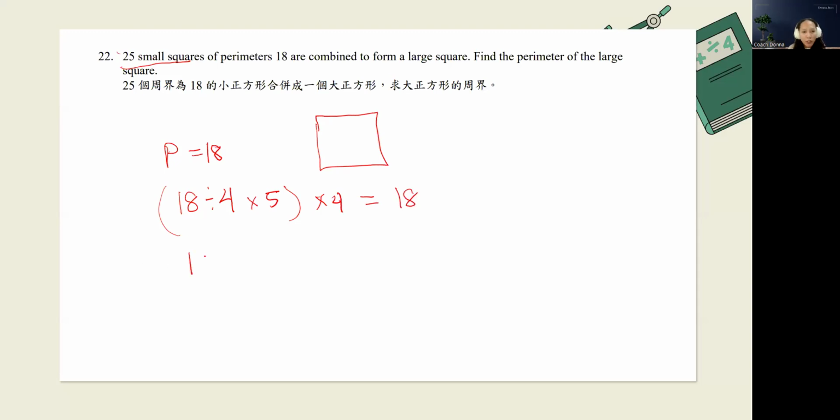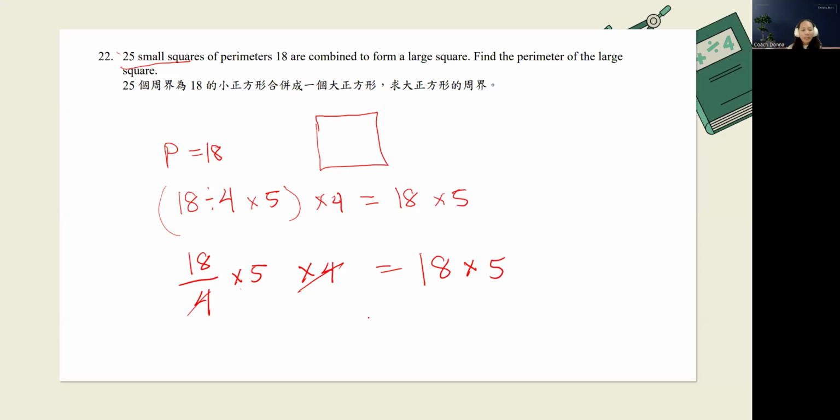Let's show it in fraction form. 18 divided by 4, multiplied by 5 and then multiplied by 4. So the 4 will cancel this 4 right here, and you'll end up with 18 times 5.